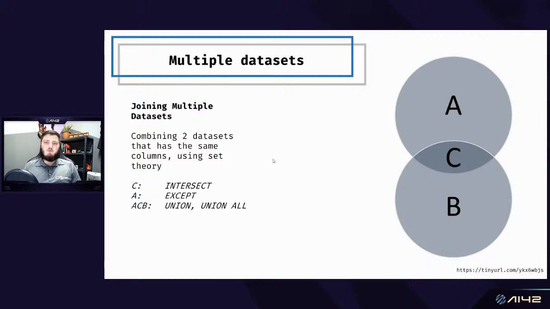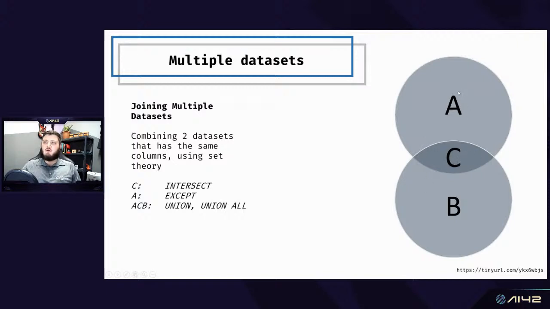Where the union all will combine both data sets, but it does not care if there are duplicates. It will still return and retain the duplicate data. If you're looking at the intersect, it will only return the data where the two data sources match. So let's say I'm in both data sets, I will be returned.